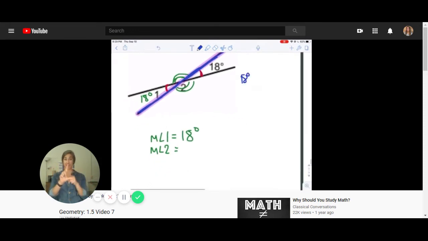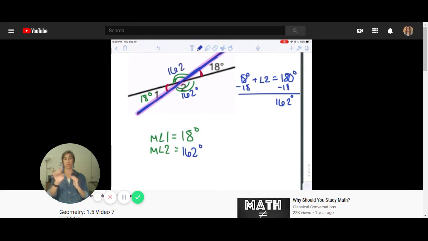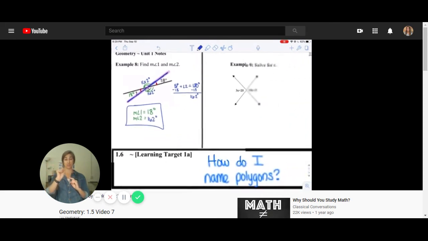So that means that 18 degrees plus angle 2 has to be 180 degrees. If we subtract 18 from both sides, we get 162 degrees. So that means the measure of angle 2 is 162 degrees, and its vertical angle is also 162 degrees.